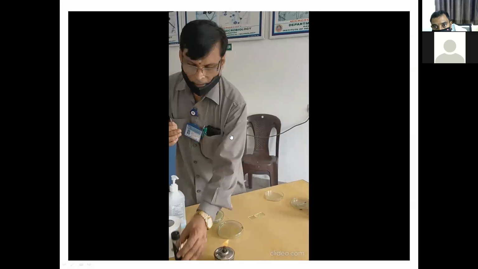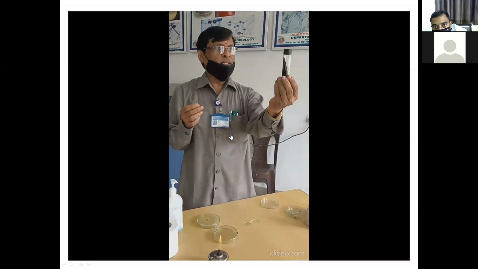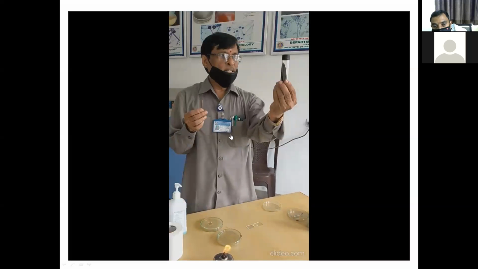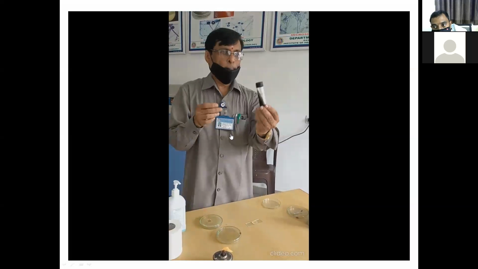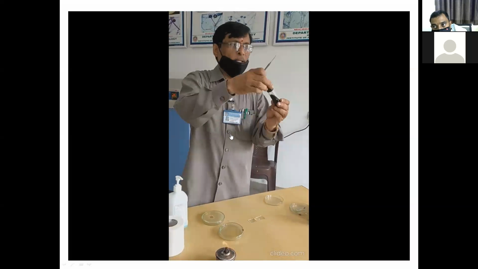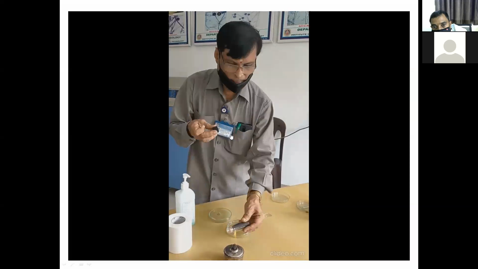Now this is the fungus growth which we obtained from the patients, to identify this fungus at the species level. Now open the bottle containing the fungal growth. Just heat the mouth.